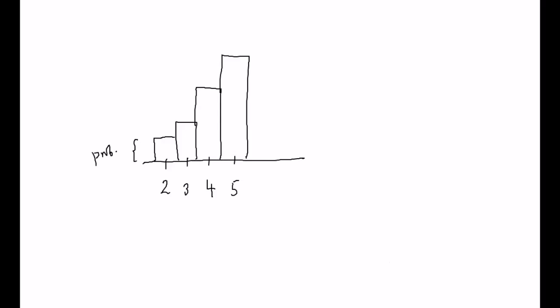If you fit a normal curve on them, and the normal approximation works well, it will look like this. The curve will generally pass through the midpoint of these rectangular bars. Now, if you want to calculate the probability of X equals 4, it's basically this bar.